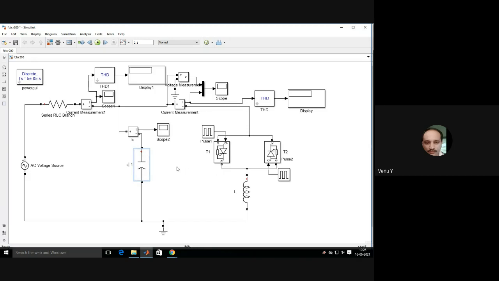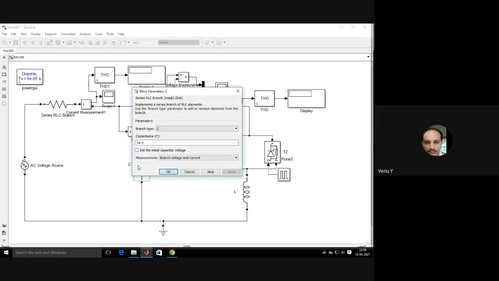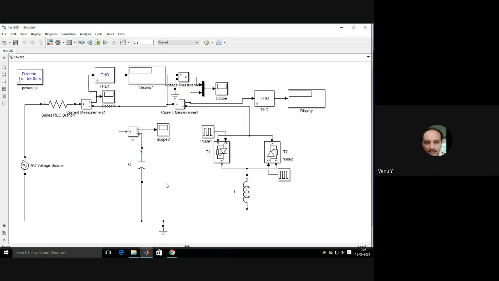This is C, 7 millifarads. And this is the current measurement block, which is connected in series with the total line current.